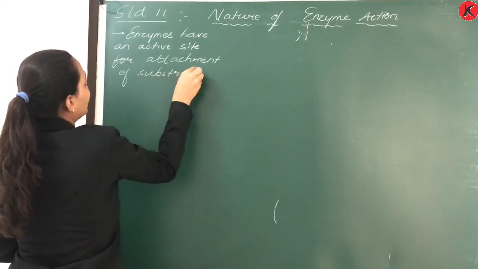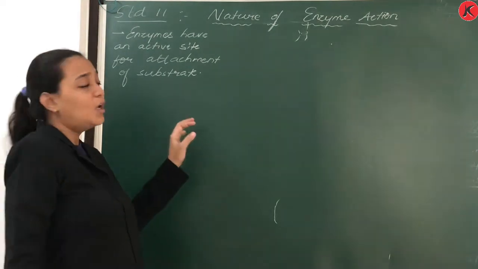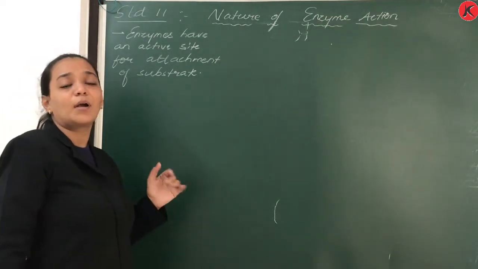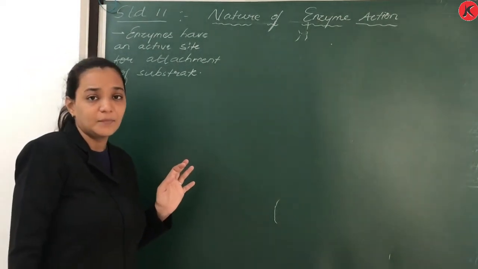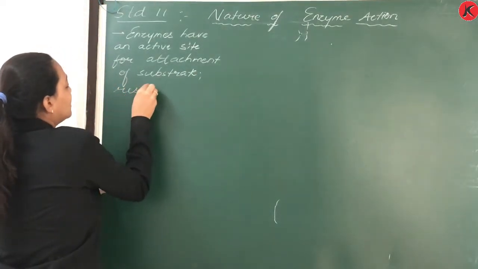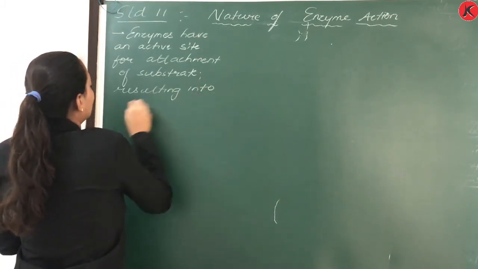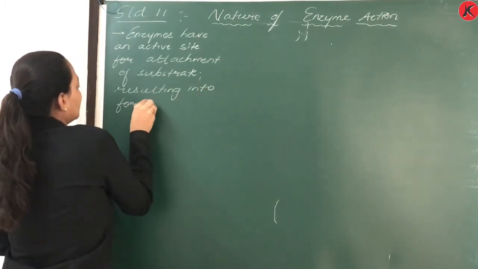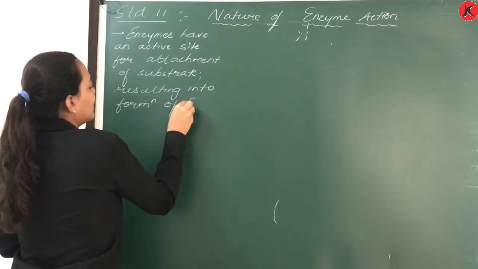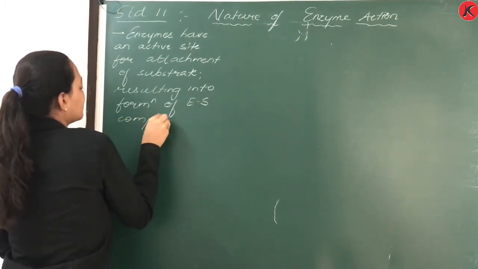All enzymes will have an active site, and this is the site where the substrate is going to attach to the enzyme, resulting in formation of the enzyme substrate complex.